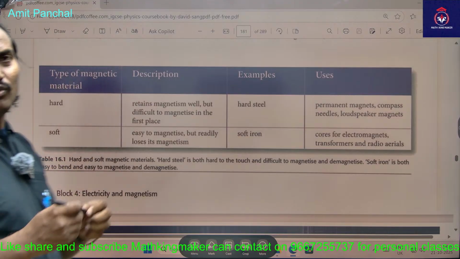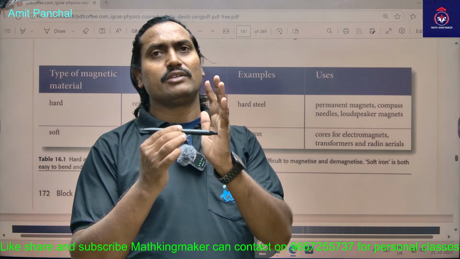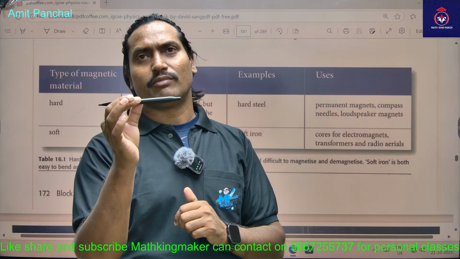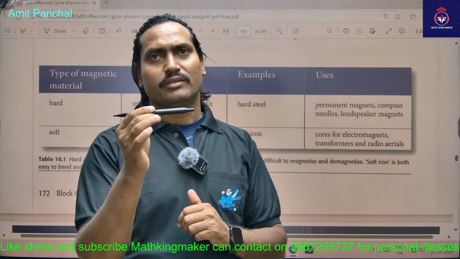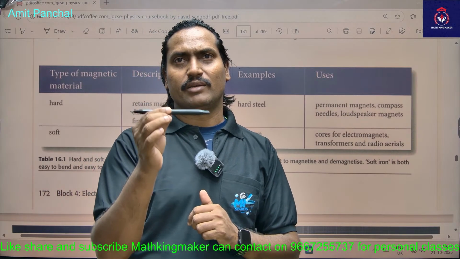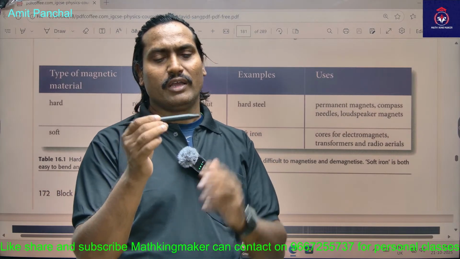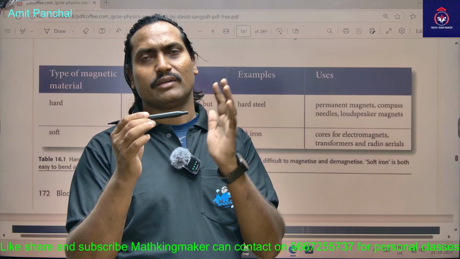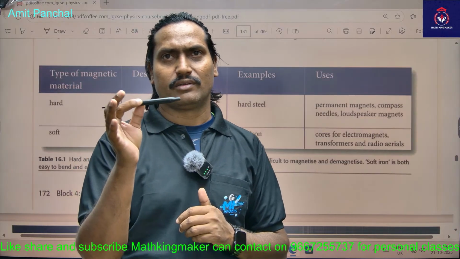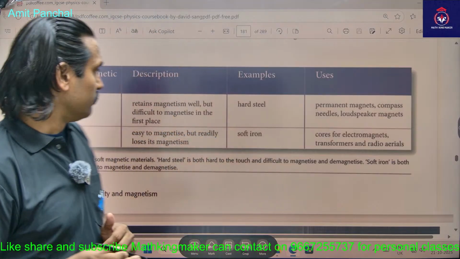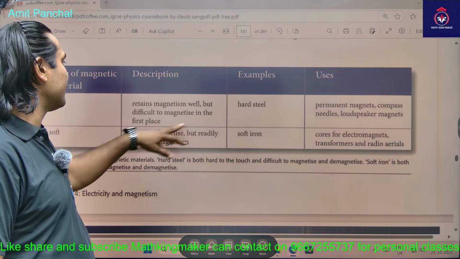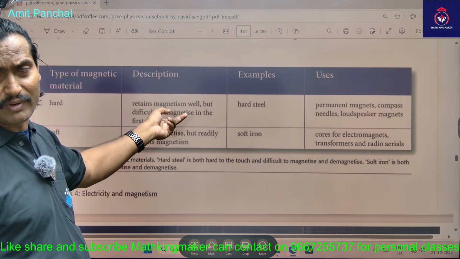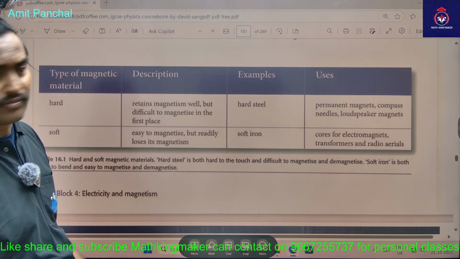Even after removing the magnet, it remains magnetized for a certain amount of time. That is a property of hard magnetic material. And what about soft? As you remove the magnet, it just demagnetizes. So hard means it retains magnetism well, but it is difficult to magnetize in the first place.